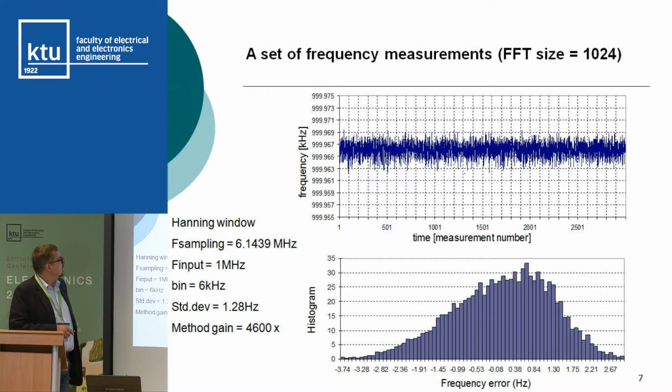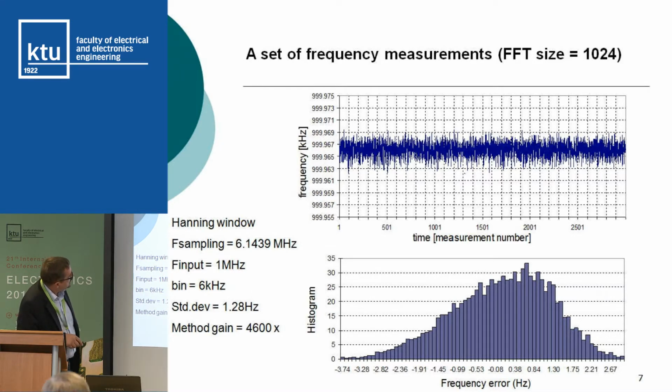First, let me show you the most basic properties of the method. Simply, a steady signal with a frequency of 1 megahertz was coupled to the input of the device, and this is the set of frequency measurements. Very normal look. The histogram of that set is shown here.